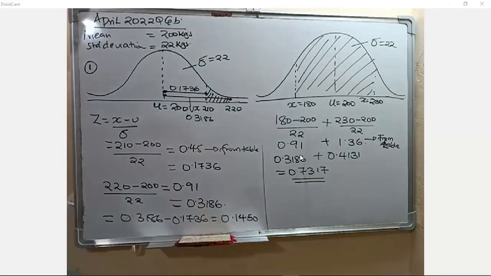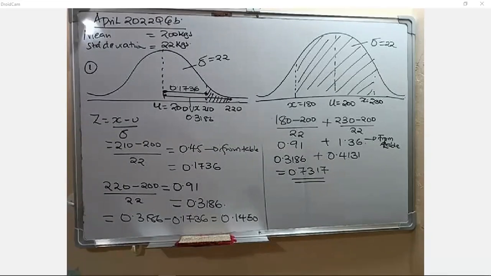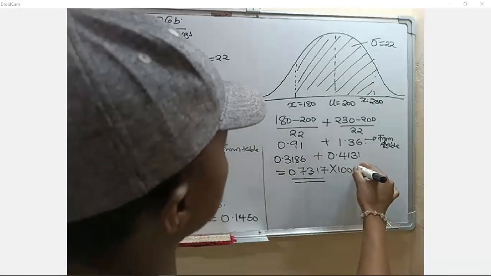Now, when you look at the third requirement, the examiner is asking us to do what? Let me check. The examiner is asking you to calculate the weight below which, and by the way, the examiner was asking us to determine the numbers. So I can see the weights of 1,000 items. So it means straight away, you just need to multiply here by 1,000 to determine the numbers.